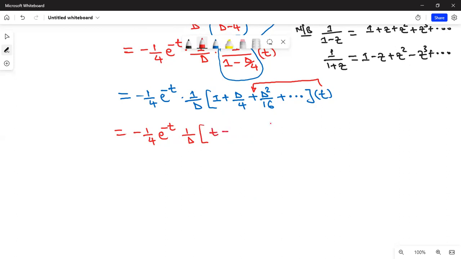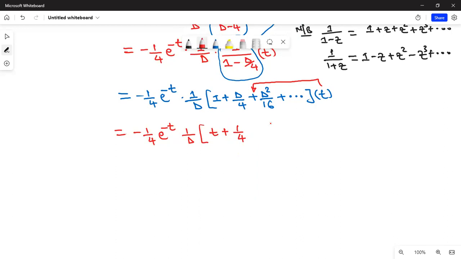Then now here we'll have t plus D, meaning derivative of t, which is 1. Because the derivative of t is 1, it is D of t over 4, which is 1 over 4. What about D squared? D squared means the second derivative of t. The first derivative of t is 1. When you differentiate that derivative again, you get 0.